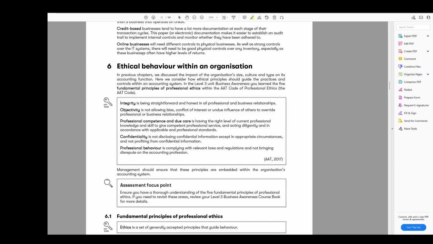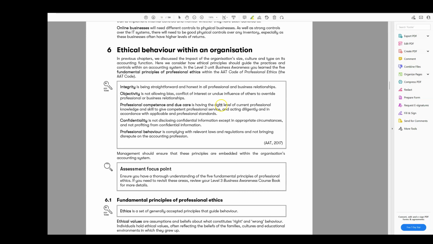If the business depends on online, you need more control on IT because it could be hacked. There needs to be good physical control over any inventory, especially as these businesses often have a higher level of returns. So if your business depends on something like Amazon or eBay, then you might need a warehouse where you keep all these inventories.